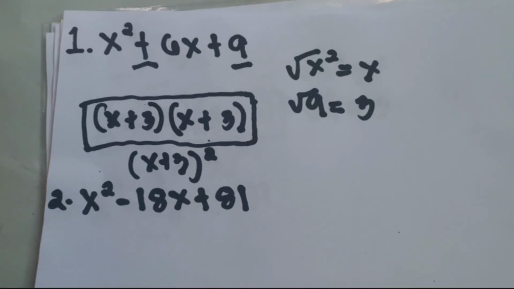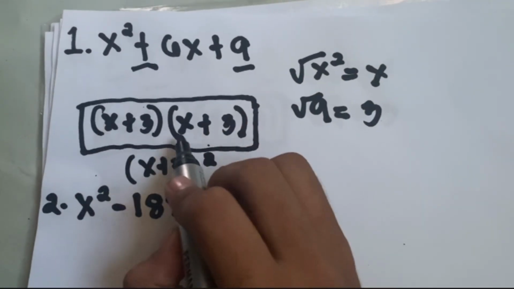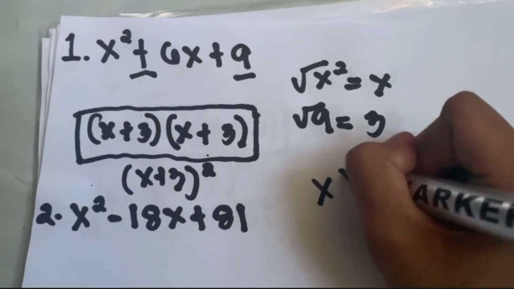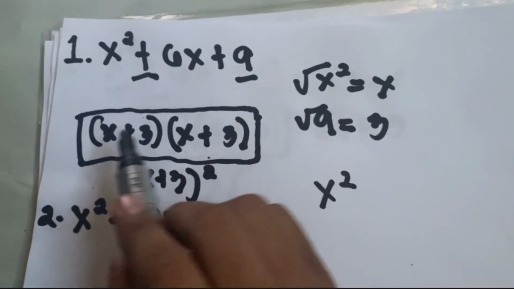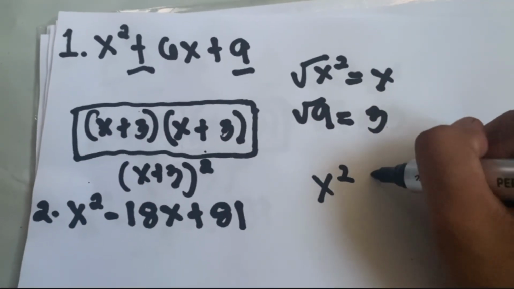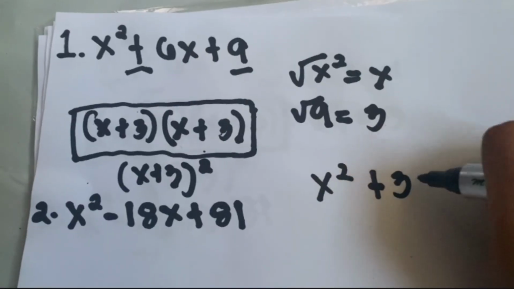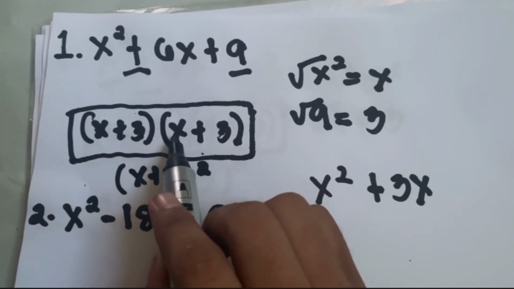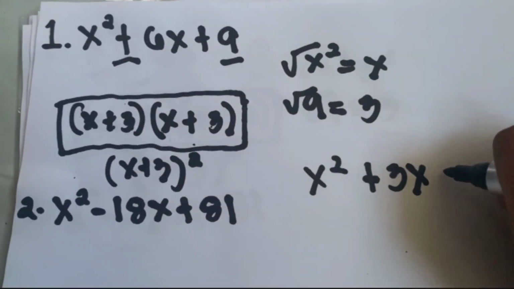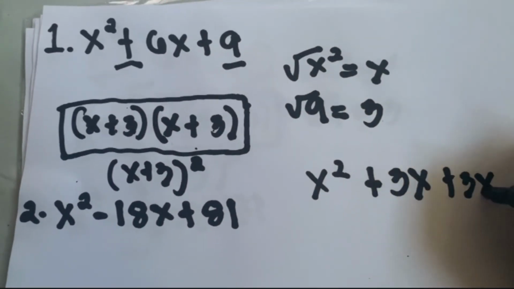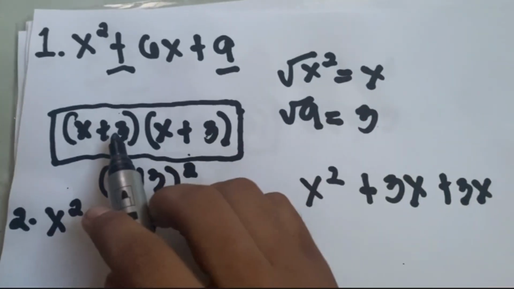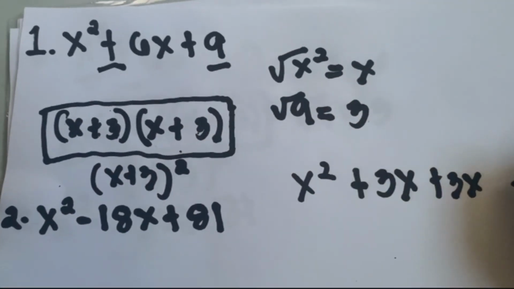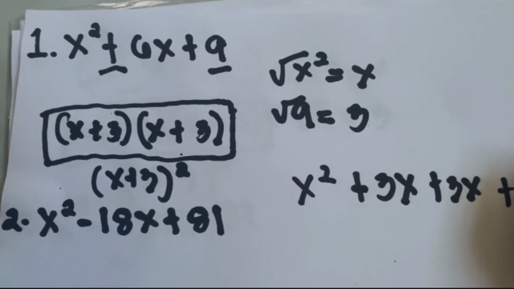Let us check our answer. x times x is equal to x squared. x times 3 is equal to positive 3x. 3 times x is equal to positive 3x. And 3 times 3 is equal to positive 9.